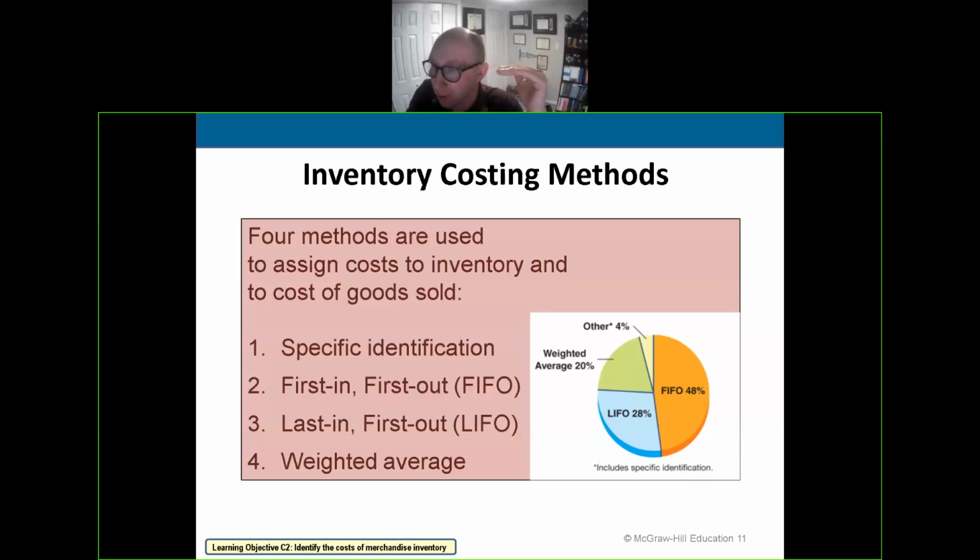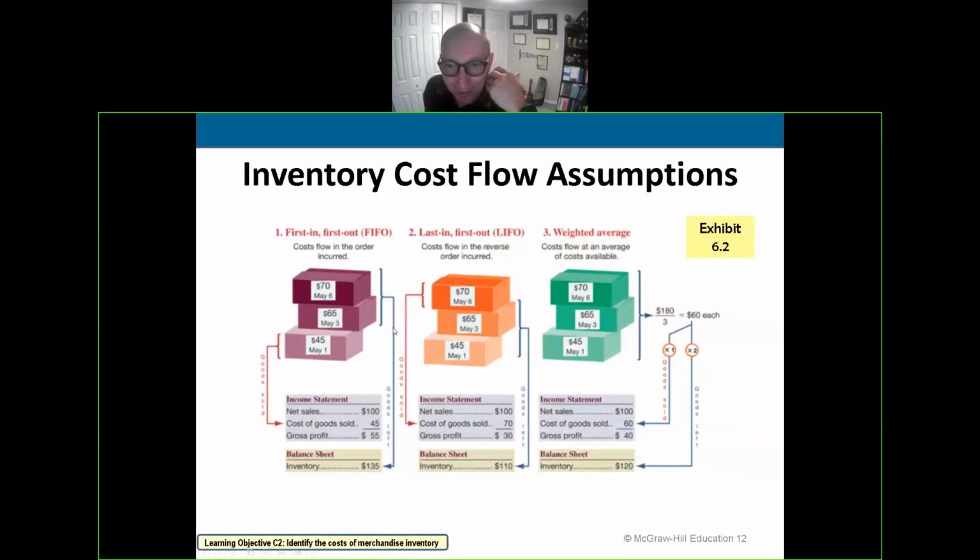And all I'll do is I'll add up all the purchases and divide by the number of purchases to get the average. That's how I get my average cost of inventory. About 20% companies use this. The reason why only 20%? It's a little bit more complicated to use.